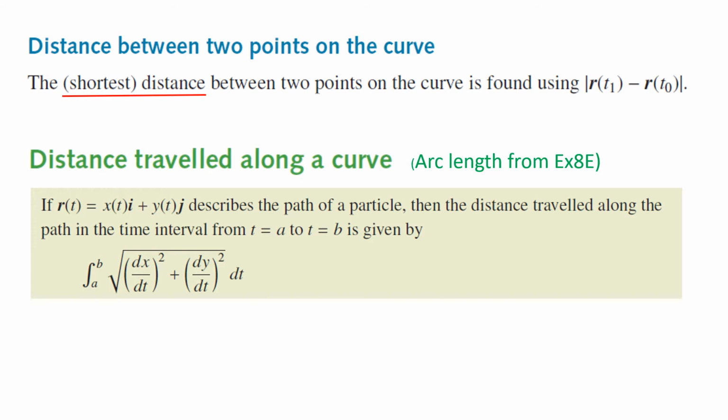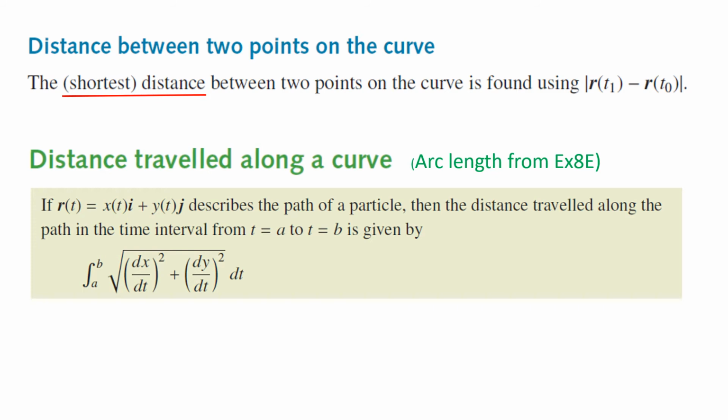Now, a more sophisticated question of distance comes from our arc length formula, way back in 8E. In fact, this is where the parametric version comes into play. So you recall this version of arc length, I'm sure. When it goes from the time at t equals A to the time at t equals B, we just apply this formula.